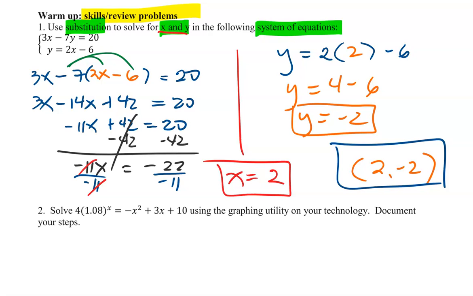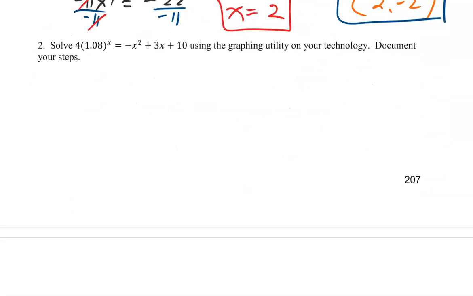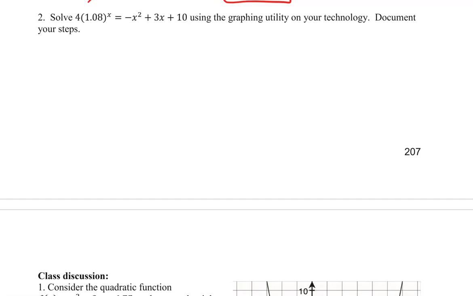Okay, then number 2. Solve 4 times 1.08 raised to x is equal to negative x squared plus 3x plus 10 using the graphing utility on your technology and document your steps. Remember, we did this in the last activity. We have two equations here, and we can graph this.